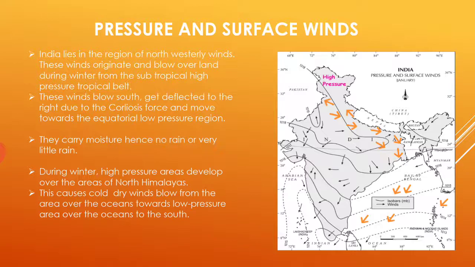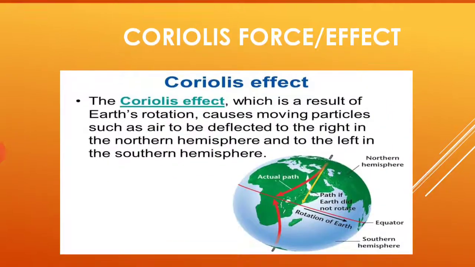During winters, a high pressure area develops over the northern Himalayas. This causes cold dry winds to blow from the area over the oceans toward the low pressure area over the ocean to the south.